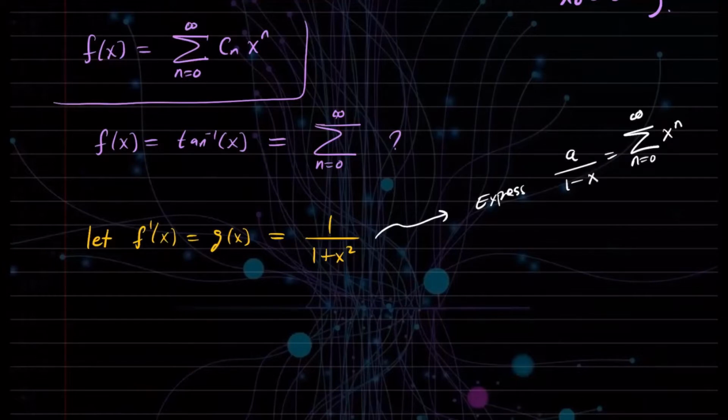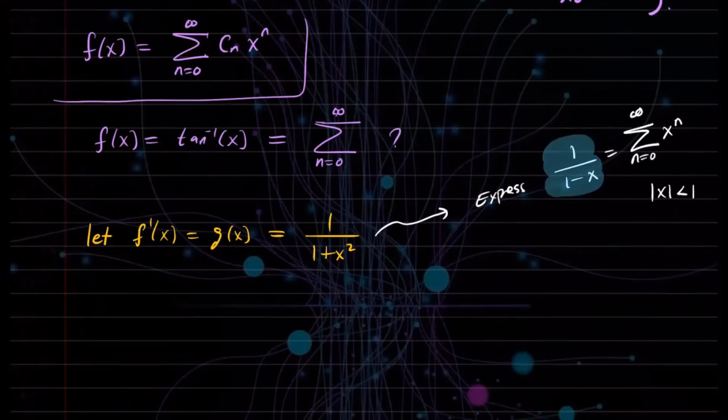I'm going to write it in that form, and I also want to make sure that a is 1, which is what we have really in this form. If I can write it that way, then I know it can be written as the infinite sum of the geometric series. So that's the goal here. We also know that this will converge as long as the absolute value of x is less than 1. So it gives us more information if we can write it in this particular form.